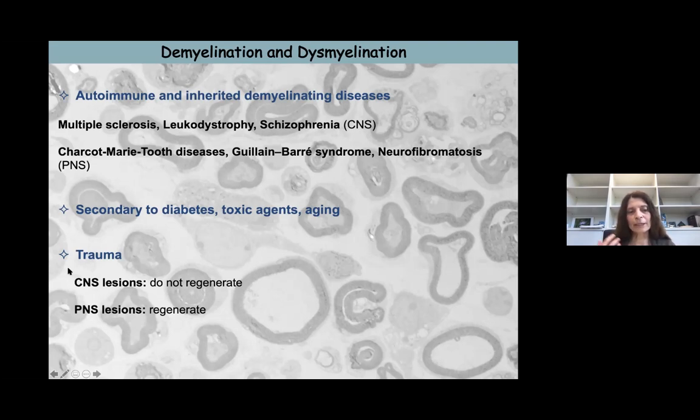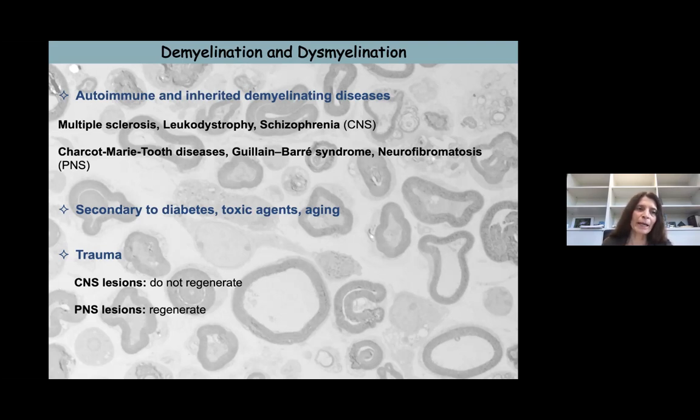In the case of the central nervous system, the lesions do not regenerate, or very poorly. So there's not a good regeneration. And in the PNS, in contrast, there's a very good regeneration.